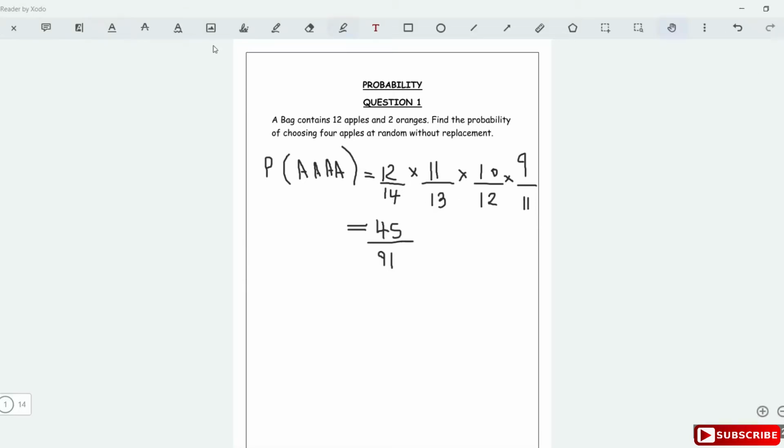Now, nice. Now, alternately, you could have done this by saying the probability of choosing 4 apples, I'm going to write 4a in this case.